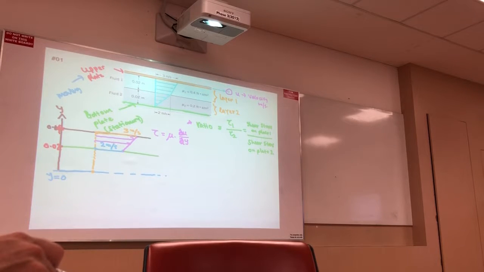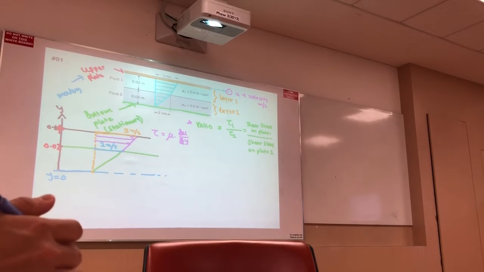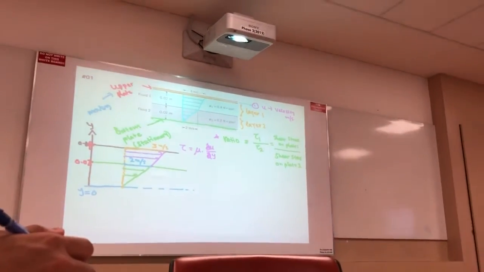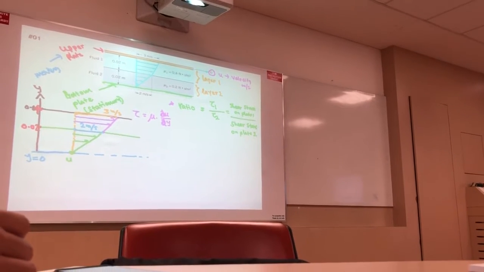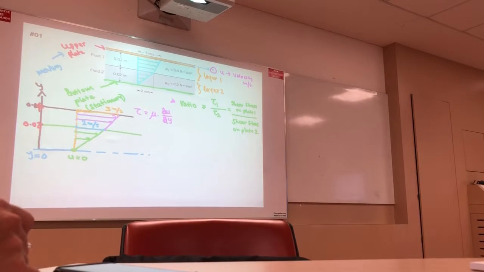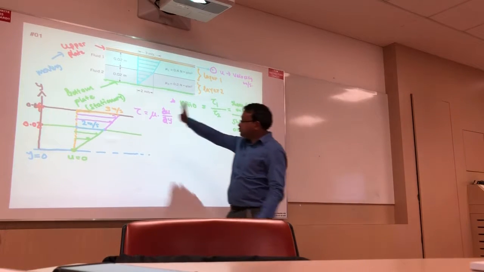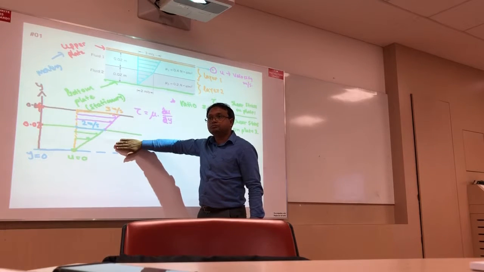At the bottom of the plate, you can see the velocity profile is like this. It's different, right? Here is this profile, here is this profile, and y equals 0. At that point, u is 0. Okay? So here is layer 1, we assume this is layer number 2.